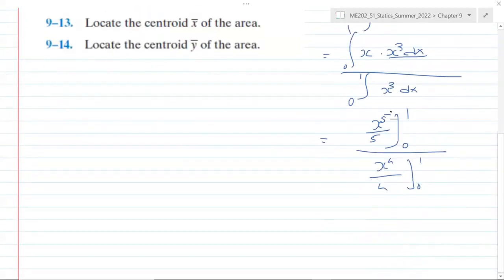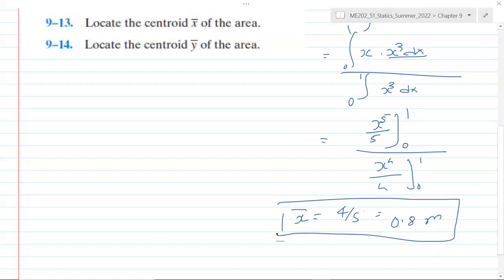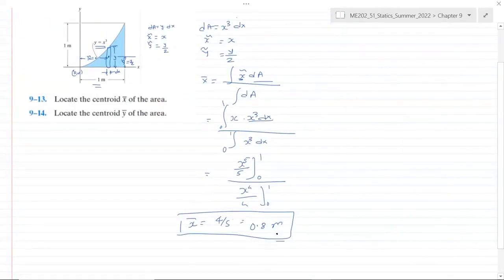Okay, and when you substitute x equal to 1, it is 1 by 5 in the numerator divided by 1 by 4 in the denominator, so it's actually 4 by 5, and that is 0.8 meters. So that's the location of x bar, the overall x centroid of the shape.